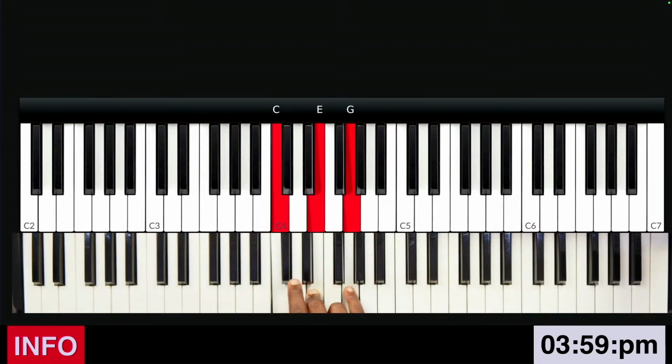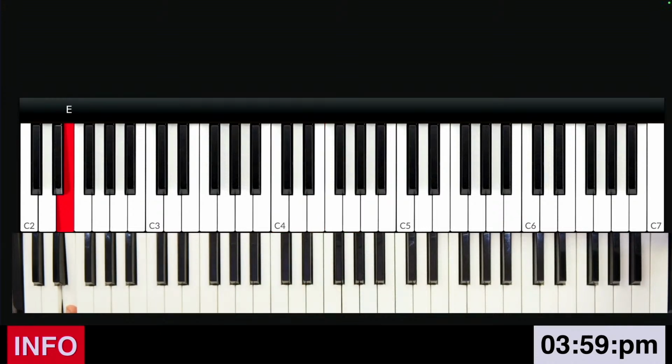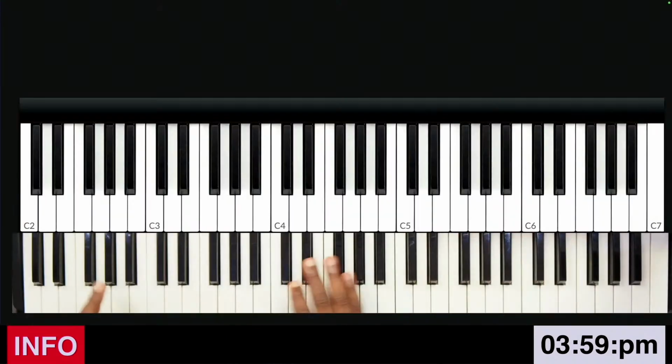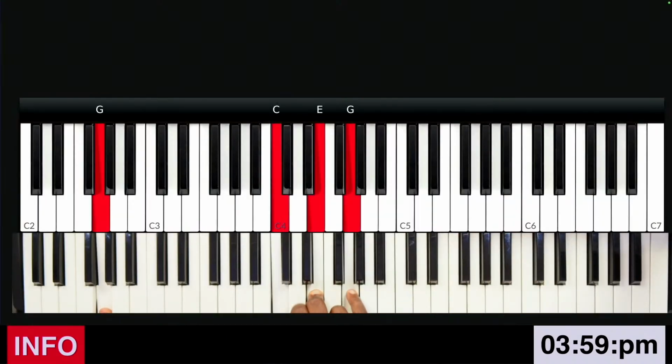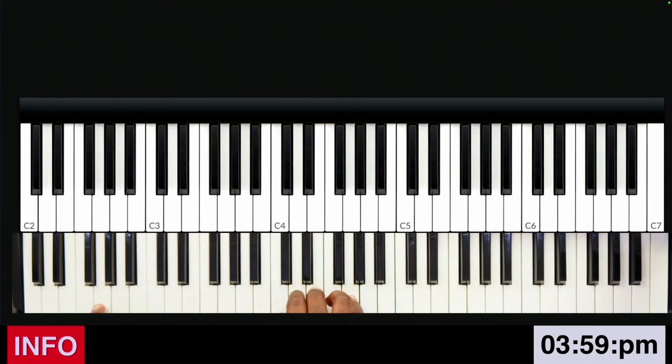Now, you are well aware that this is a root position chord, but with E on the bass, it becomes a first inversion chord because the left hand will overrule everything. So this is a second inversion chord, not because of the right hand, but because we've got the G on the bass.